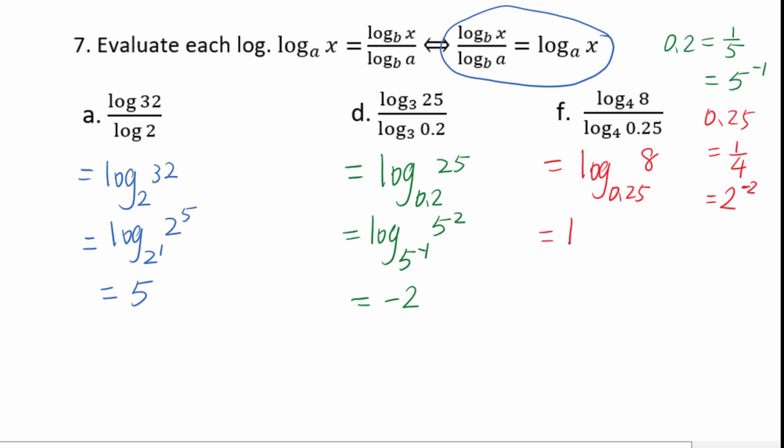So we write down log base 2 to the negative second power of 8. 8 will be 2 to the third power. That equals 3 over negative 2, equals negative 3 over 2.